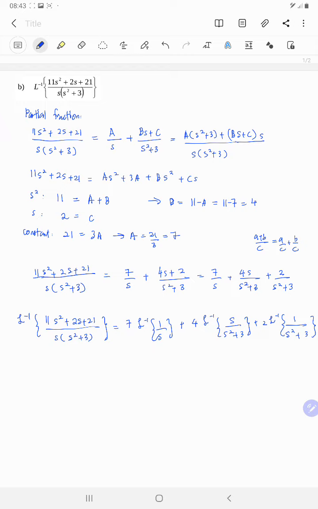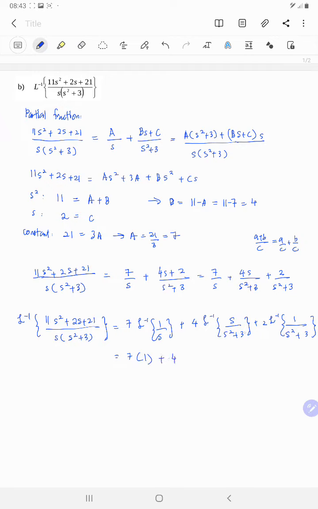Now we can proceed with 7 as 7. Now look at Laplace inverse of 1 over s. The denominator, or the function at the bottom, is s only. So what do you think? This must be the constant 1.